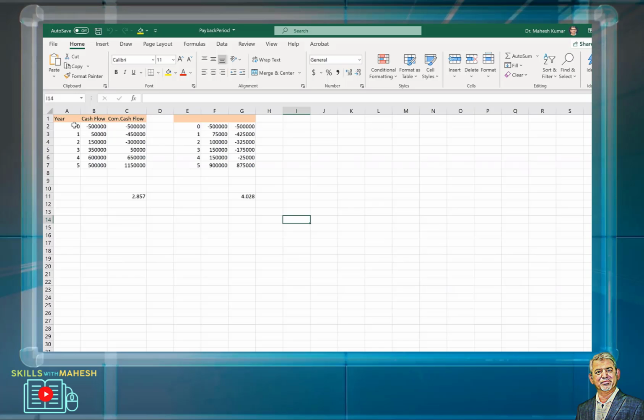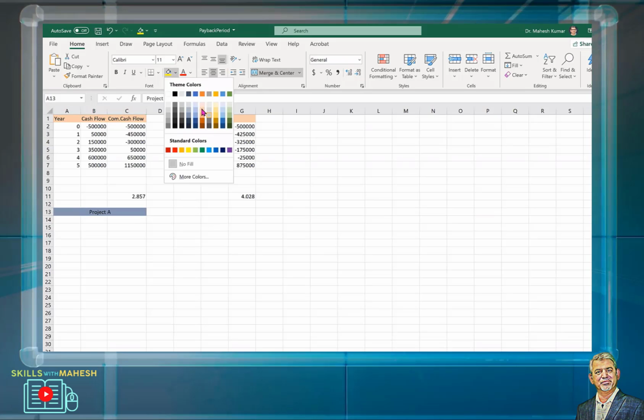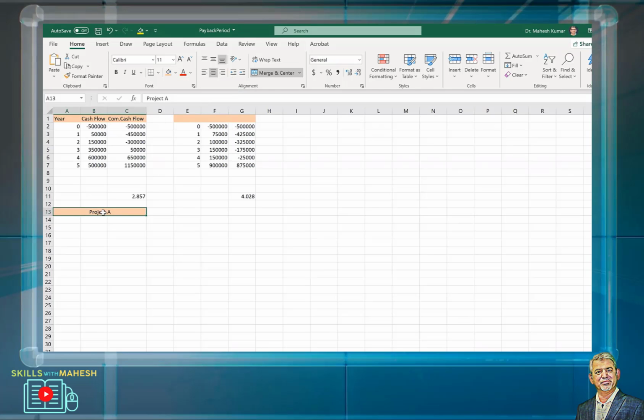Here, look, these are the same projects. If I make it more explanatory right now, project A is this one. This is project A, right?